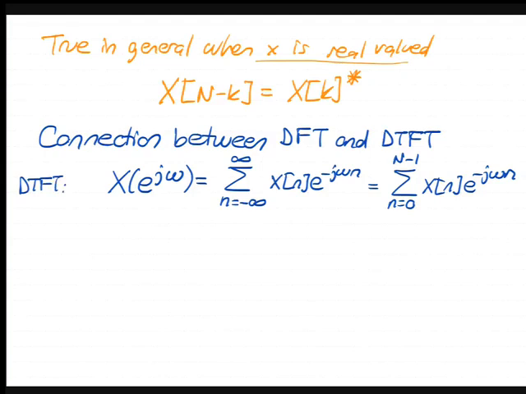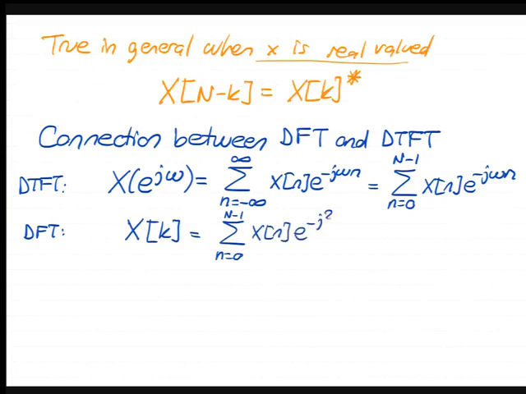Okay? Now, how did we define DFT? We said X of k is equal to the sum from 0 to N minus 1, x of n, e to the negative j 2 pi by N, k times n. Now, you don't have to be a genius to look at both expressions and tell me the connection.